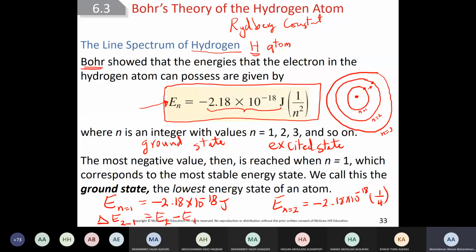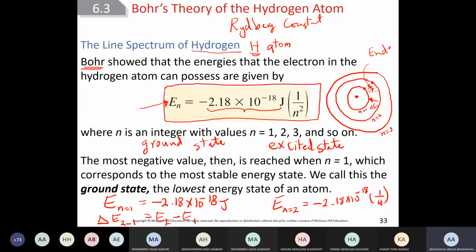How about we go from 2 to 1? Exothermic. So this process from 1 to 2 is endo, and this one is exo. Good.